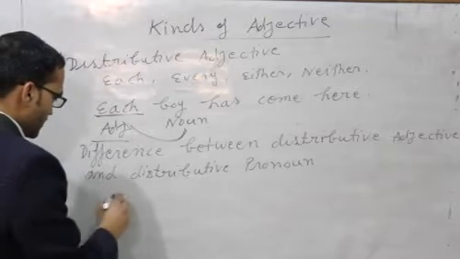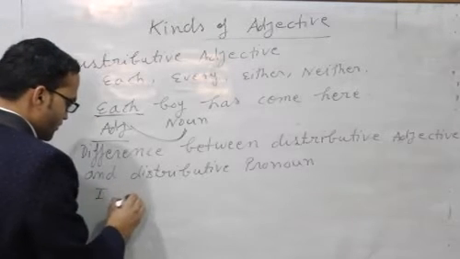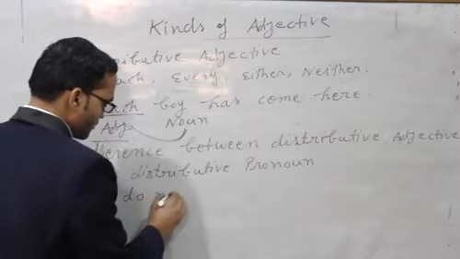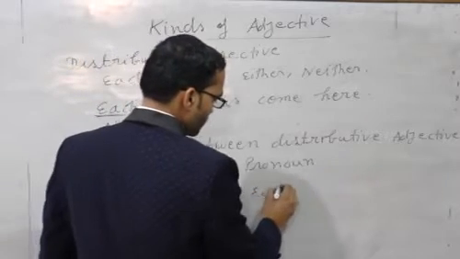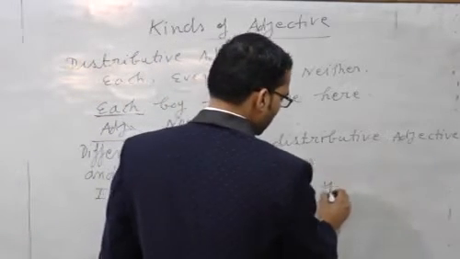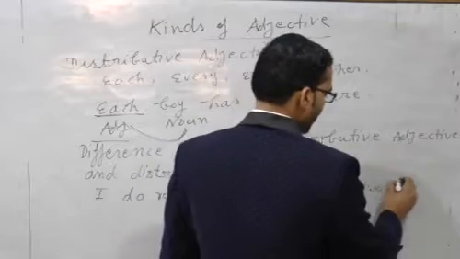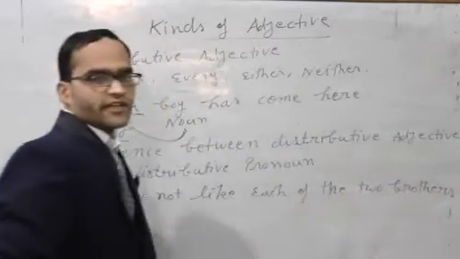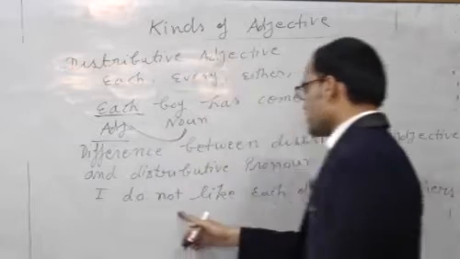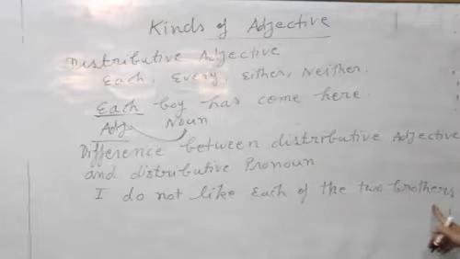I write down another sentence, I do not like each of the two brothers. Here I have written a sentence, I do not like each of the two brothers.